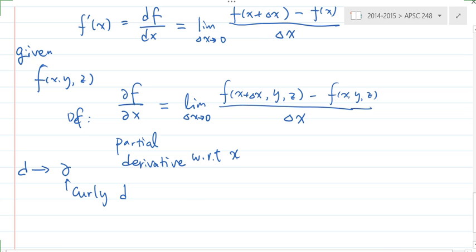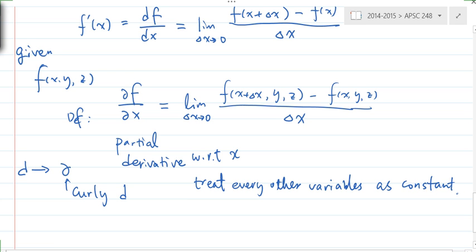So treat every other variable as constant. As constant means what? It's a 3 or 4. I find that with x, y, z mixed together, even though you know the rule, sometimes your eyes are fooling you.